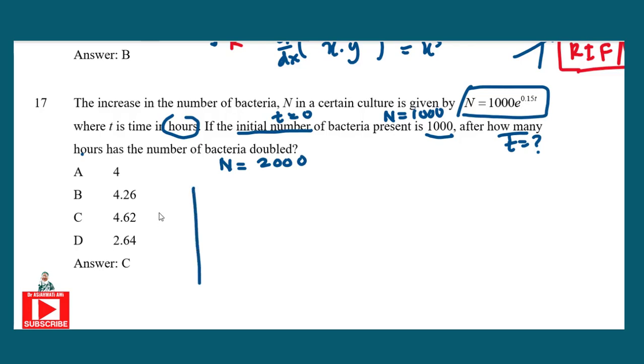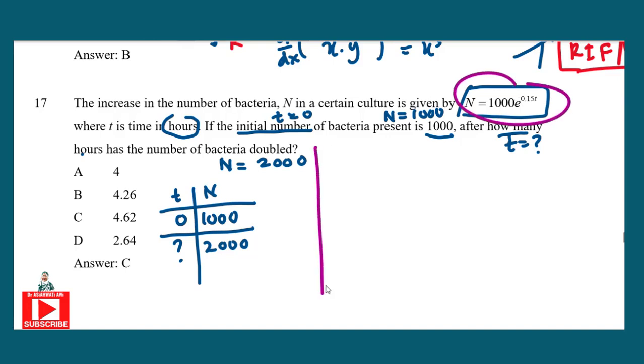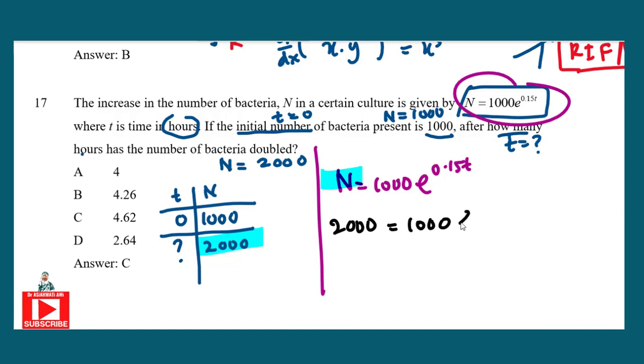Here, at the beginning 1000 means t is equal to 0, and when n doubles, find t. Using the given formula, n is equal to 1000 e to the power 0.15t. Substitute the value: 2000 equals 1000 e to the power 0.15t. We are going to find t.